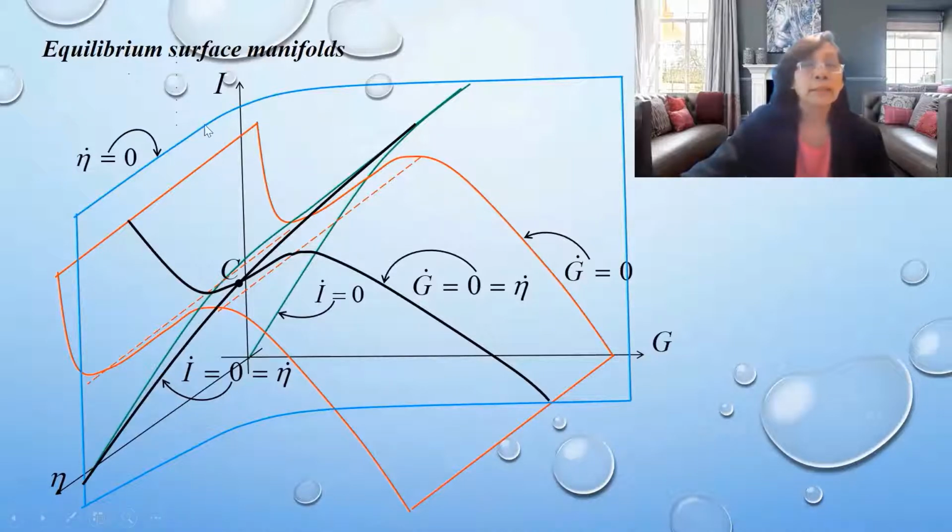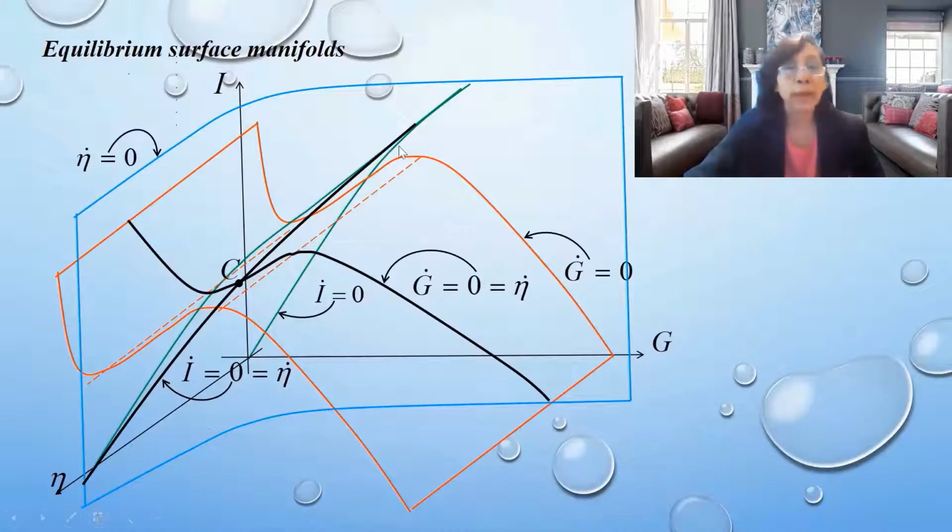The blue one is the graph of the slow manifold, on which the derivative of eta is 0. The green one is a graph of the surface, where the derivative of I is 0. So it's the intermediate manifold. The red one, on which the derivative of G is 0, is the fast manifold.